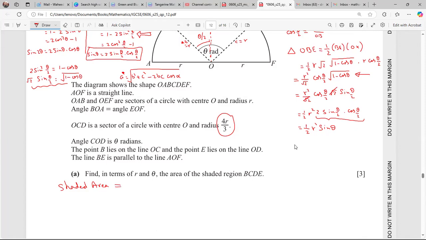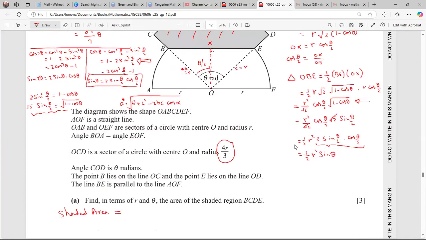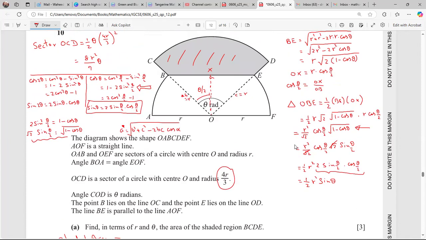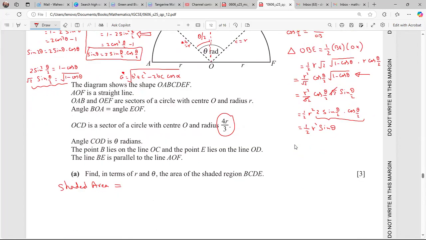This is equal to the area of the sector, right? So we found the area of the sector over here. Remember, 8 by 9 theta R squared. This is the area of the sector minus the area of the triangle, and that is half R square into sine theta.